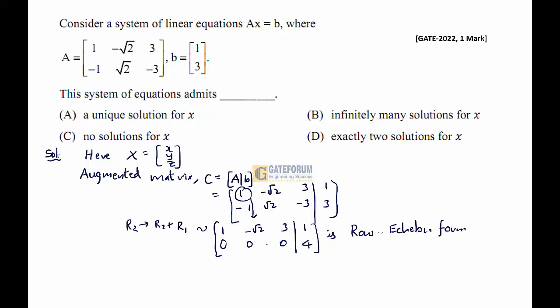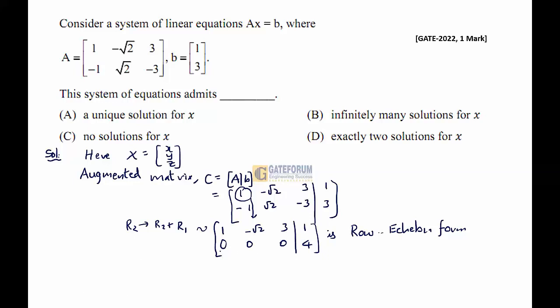For understanding purposes, I am telling you elements below the diagonal are 0, but we should not talk about the diagonal in a rectangular matrix. I am talking about diagonal elements, but it is applicable for square matrices only, to understand the procedure in an easier way. Below that, elements should be 0.